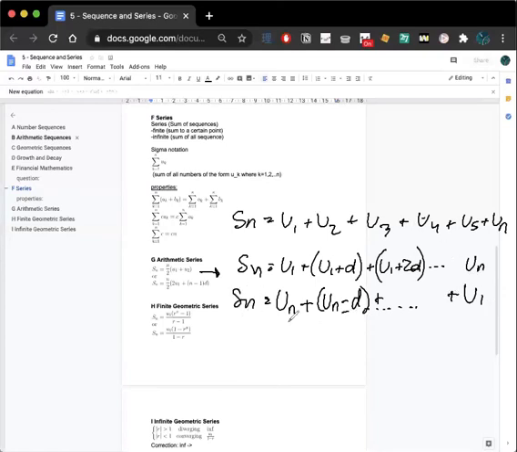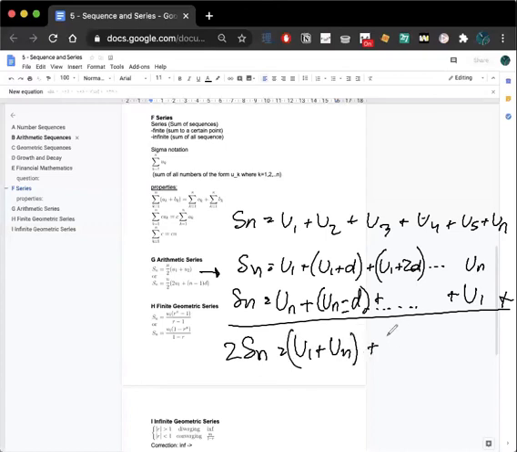If we add all of these up, it becomes 2Sn, which equals u1 plus un plus u1 plus un, until u1 plus un, n times.